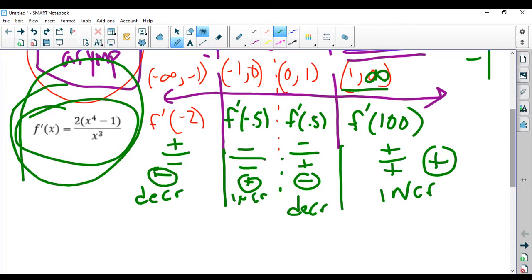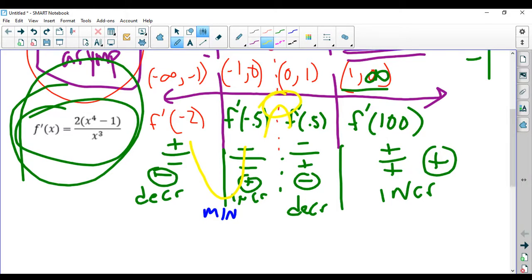Now, to find the relative extrema, you can picture that the first interval is decreasing, and then it goes to increasing, which means this is a min. Even though it goes from increasing to decreasing here, don't call this a max because it's not there.